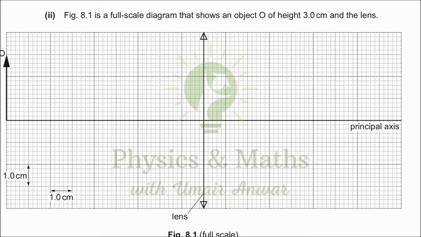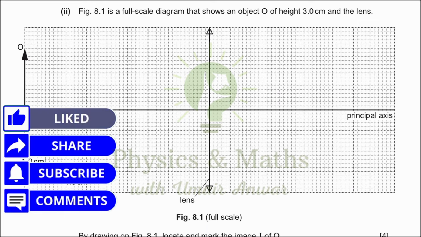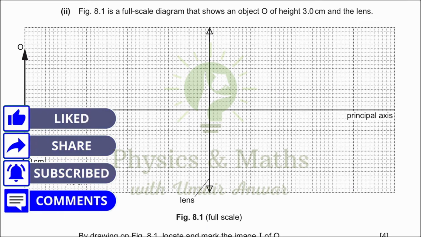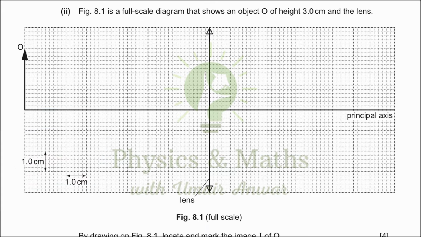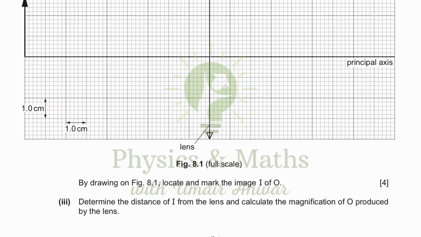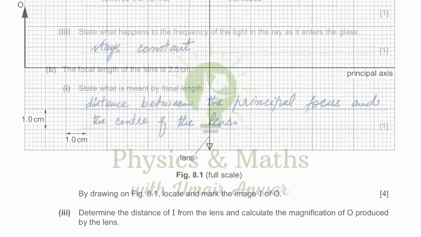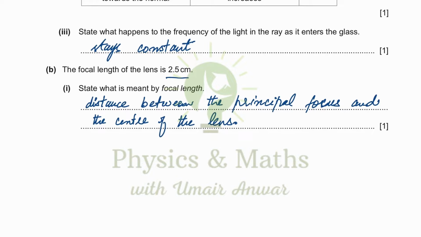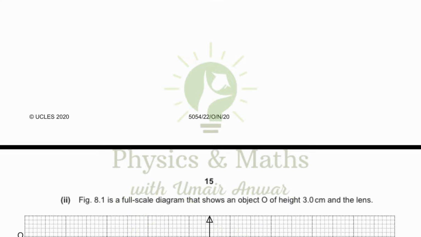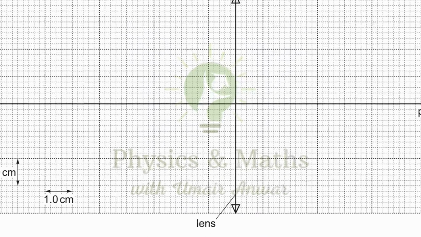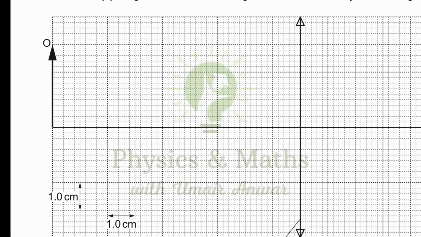Figure 8.1 is a full scale diagram that shows an object O of height 3.0 centimeters and the lens. By drawing on figure 8.1, locate and mark the image I of O. Focal length of the lens was given to be 2.5 centimeters. So first of all, we would be marking it on both sides.